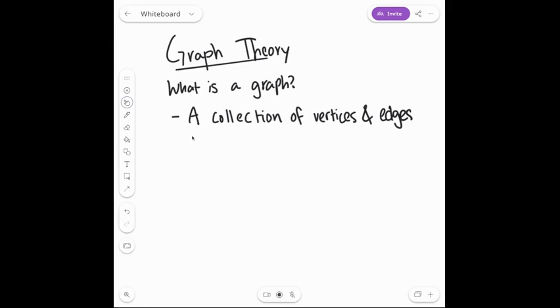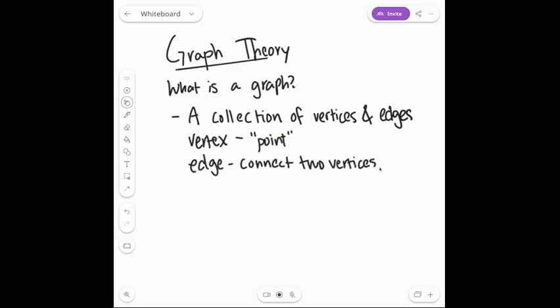You can think of a vertex, which is the singular form of vertices, as a point. And you can think of an edge as connecting two vertices. So you can draw graphs by using these vertices and edges.